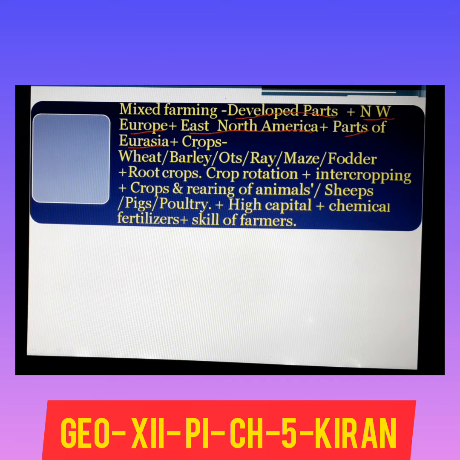Different crops are cultivated here along with the rearing of animals, like wheat, barley, oats, rye, maize, and fodder crops. Root crops are cultivated, and there is a practice of crop rotation and intercropping. It is simultaneous cultivation of crops and rearing of animals.